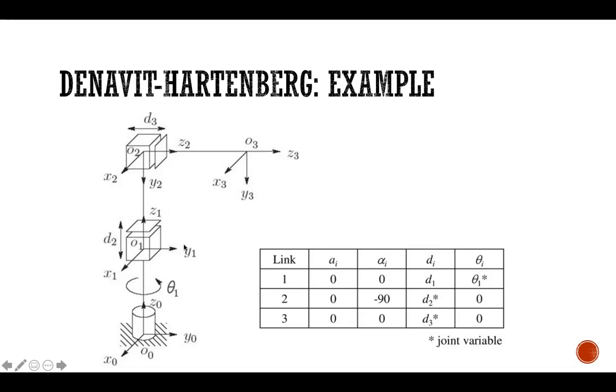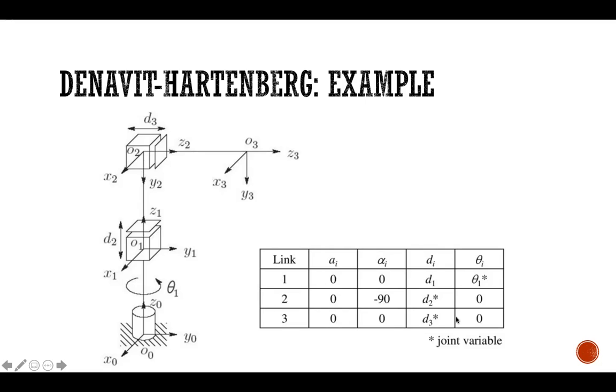Here, because we have a prismatic joint, the joint variable is d2, the distance of the translation, and the angle theta is constant and equal to 0. Moving to the last joint, it is easy to understand that again the segment a_i will be 0, and the angle between the two axes is again 0, having a joint variable that is the translation d3, and a constant angle 0.